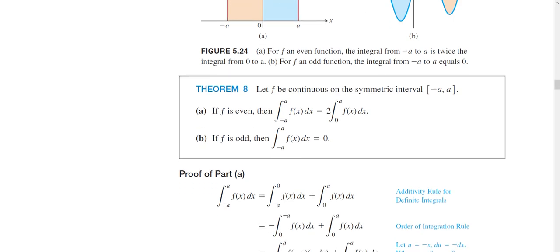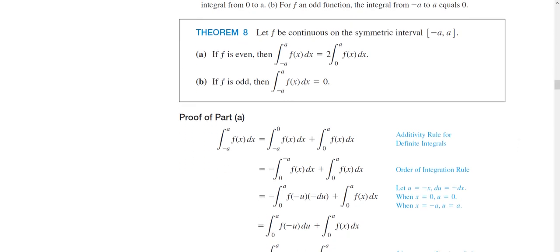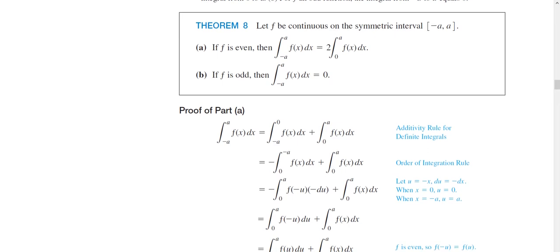Now theorem 8 gives us two more results, and these are very important. You should remember these results for later applications. So let's see what the theorem states. Let f be a continuous function on the symmetric interval minus a to a, and if f is even, then the integral from minus a to a of f(x) dx is equal to 2 times the integral from 0 to a of f(x) dx.